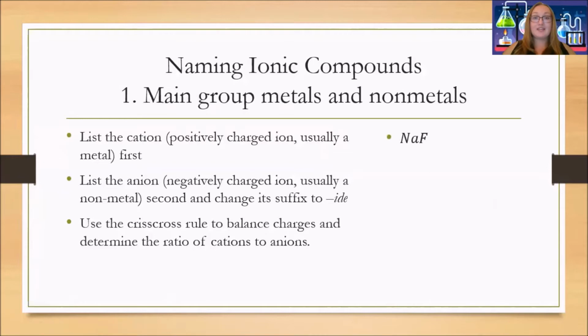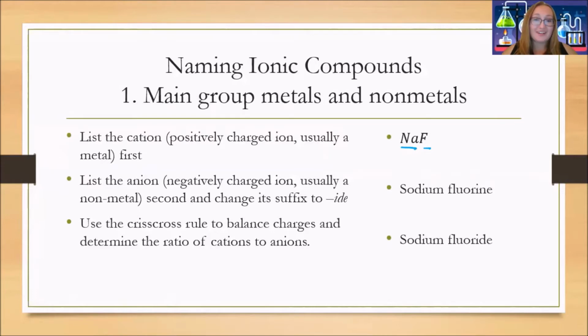So let's say I have NaF. I got to figure out what that is. Well, if I look at the periodic table, I find that Na is sodium and F is fluorine. I'm going to change the suffix on my anion, my nonmetal fluorine, to "-ide", and I end up with sodium fluoride.